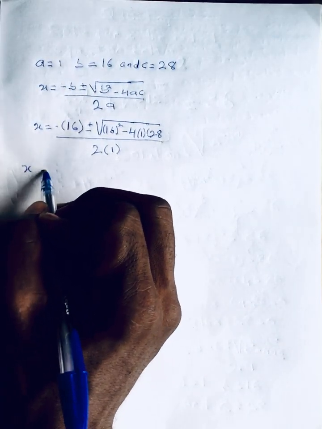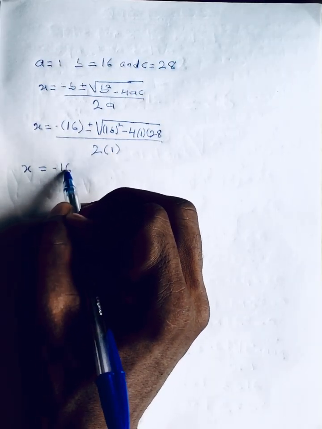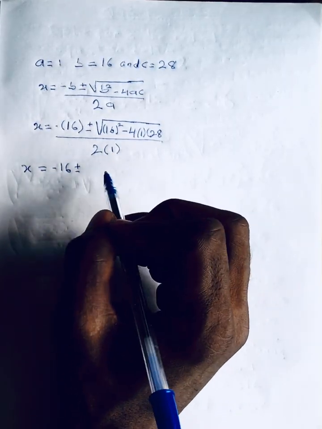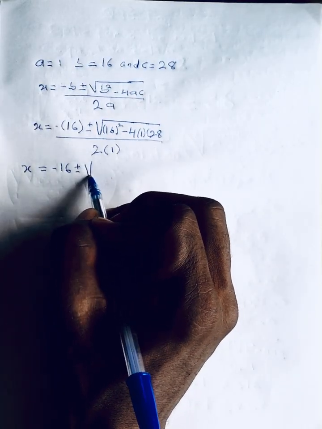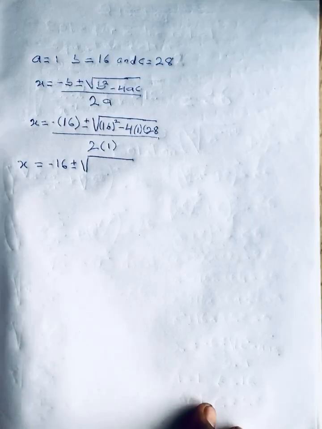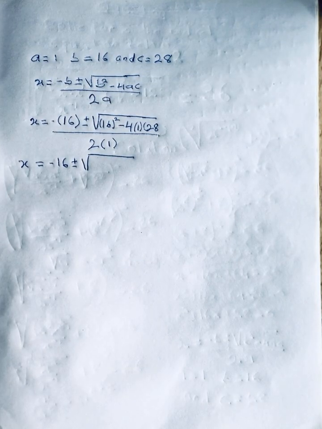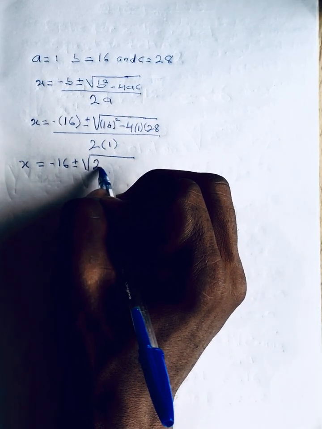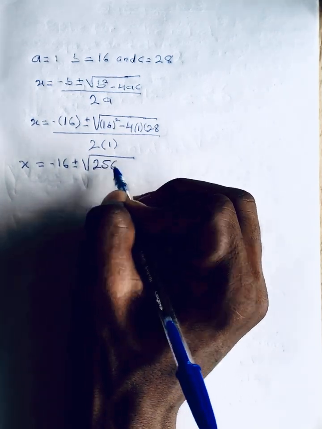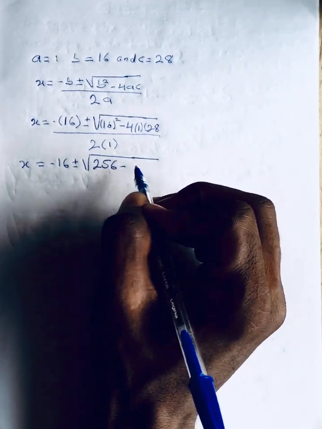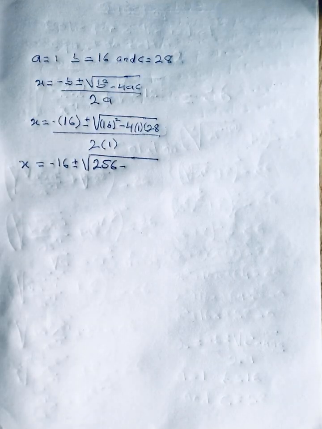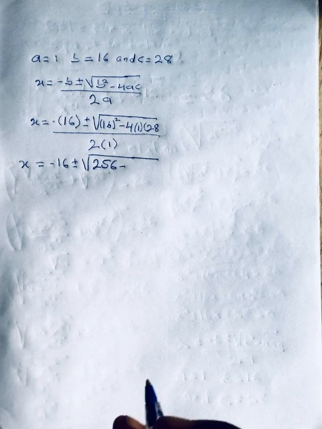So our x will be equal to negative 16 plus or minus what? The root of 16 squared. 16 squared will give us 256 minus 4 times 28.